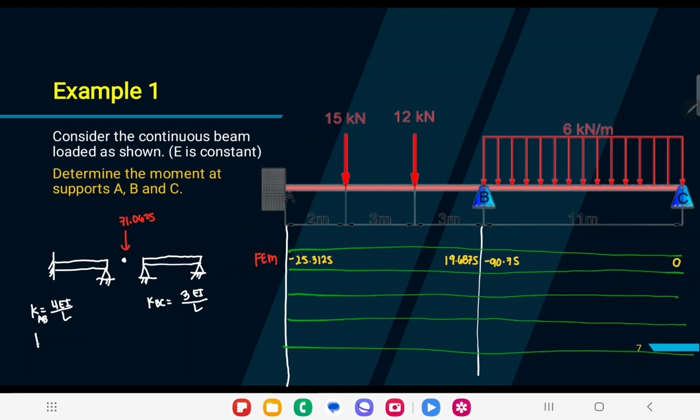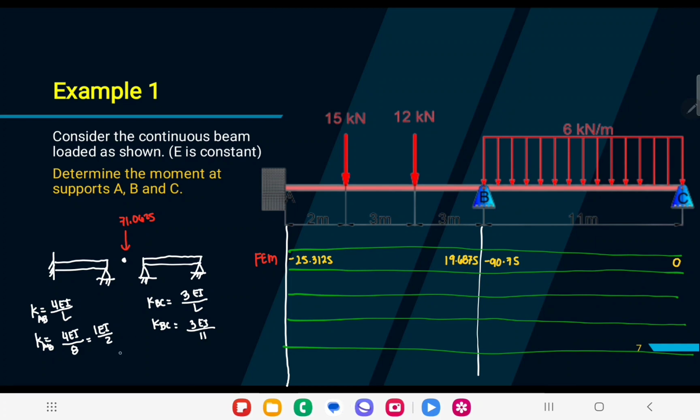So, solve ko na agad. KAB is just equal to 4EI, since prismatic naman yan, 4, and then total length, which is equal to 8. So, it is just EI all over 2. Okay? And also, 1/2 EI. So, KBC naman is equal to 3EI all over total length of BC is 11.